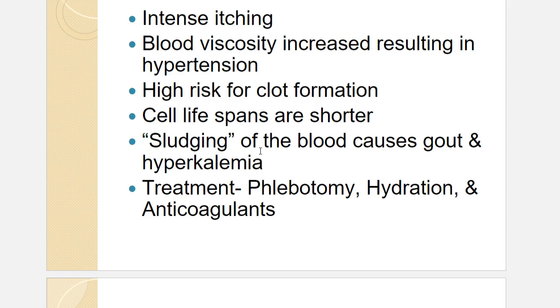But this is a little bit different, or a lot different I should say, where the patient now has a type of polycythemia, but this is more of a neoplastic or cancer of the red blood cells. Okay. So they may also give the patient anti-neoplastic drugs, and that's a fancy term for pretty much cancer drugs.